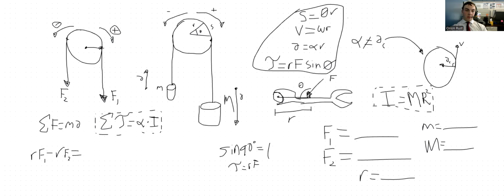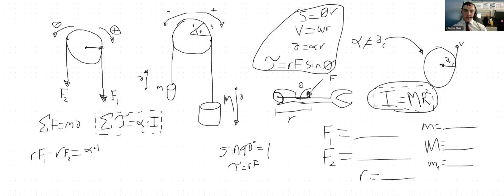Then our alpha is going to be here, and then because we have I equals mr squared, or a moment of inertia, we'll write it as the mass of the pulley. Remember, this isn't the mass of the weights. This is the mass of the pulley. We're also usually given the mass of the pulley. I'll write it as m sub p.